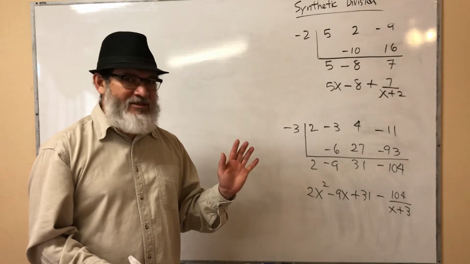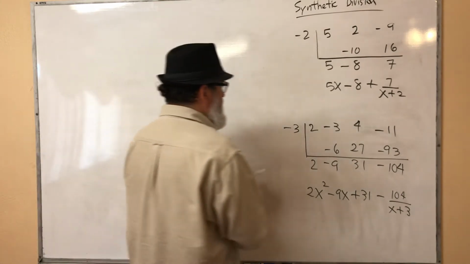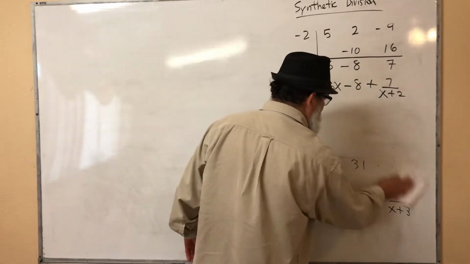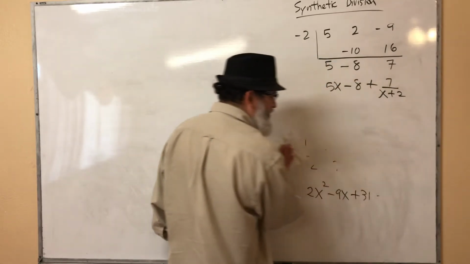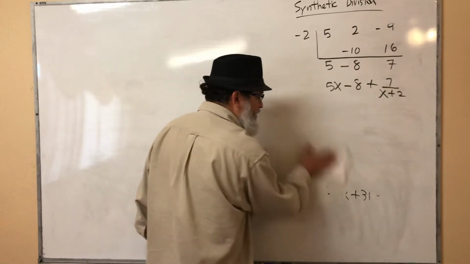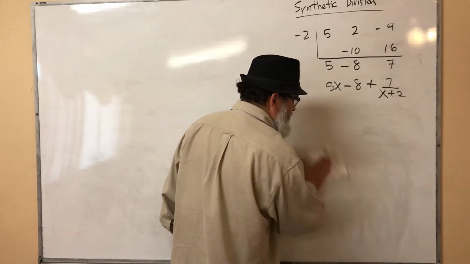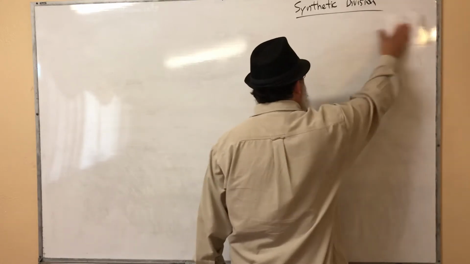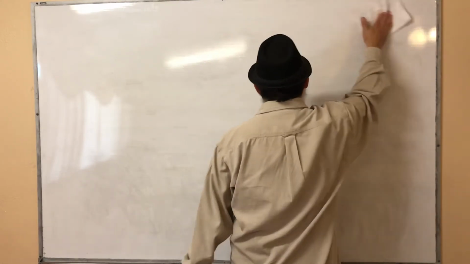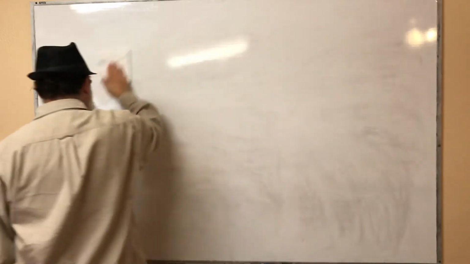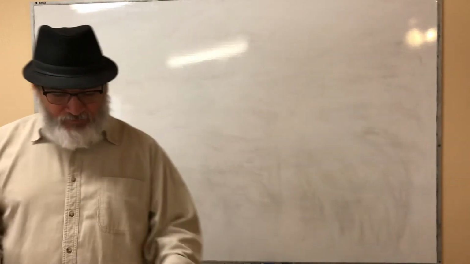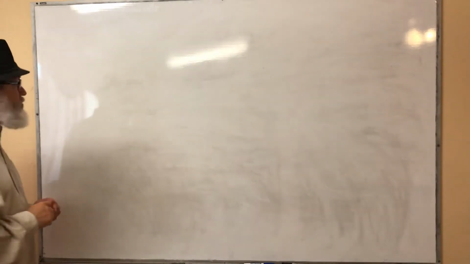That's a lot easier. Dividing by a monomial is a lot easier than this, okay? If you use either synthetic division or long division, you're making things hard for yourself. And I'll give you an example before we finish this. So watch this.